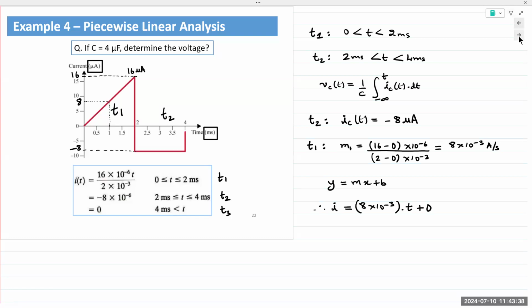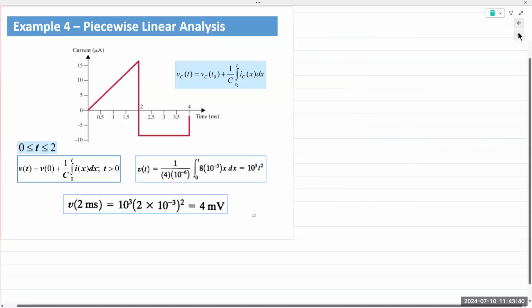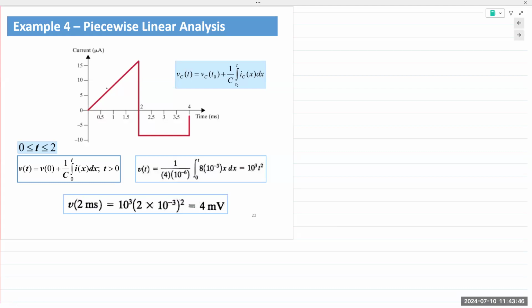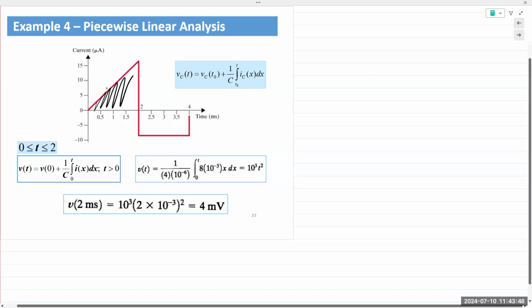So now that we have a quantitative description, let's go ahead and perform our integration. Integrating means we wish to find the value of the voltage in this time period, T1 and T2.